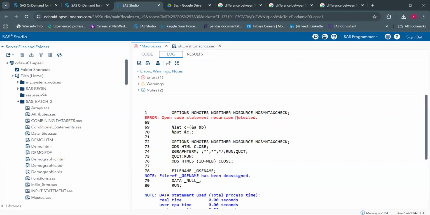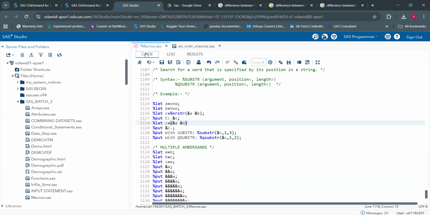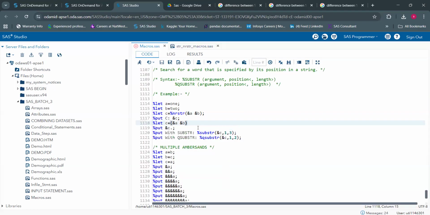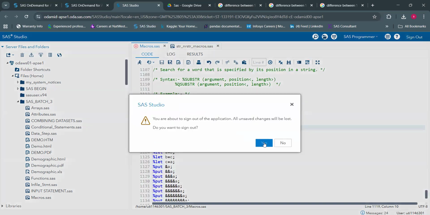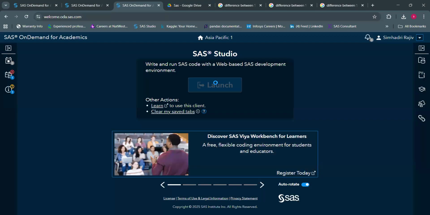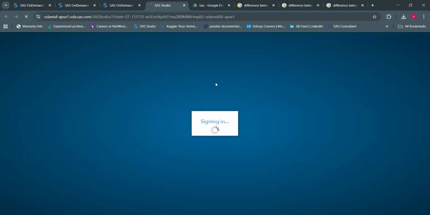So, we got triggered with an open code statement. I forgot to mention quotation here. Whenever you get an open code triggered, there's only one way to close this: log out of SAS and then log in again. That's the drawback of macros. Whenever you get an open code, that's the issue.